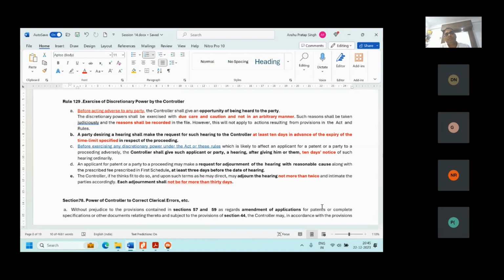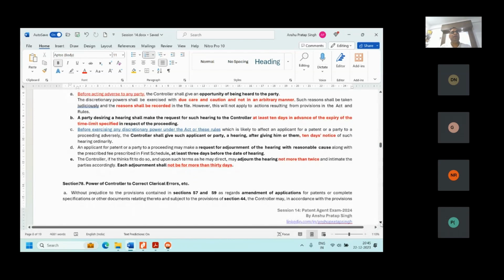If you request 1 day before, then the controller is not bound to look into it. Then the controller, if he thinks fit, can adjourn the hearing only twice. And once the adjournment is done, it cannot be for more than 30 days. He cannot adjourn a hearing for 60 days. No. Adjournment shall not be more than 30 days. This is how the discretionary power of the controller is exercised under 129.